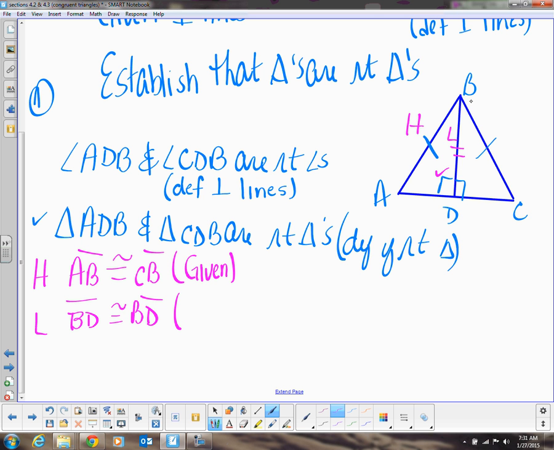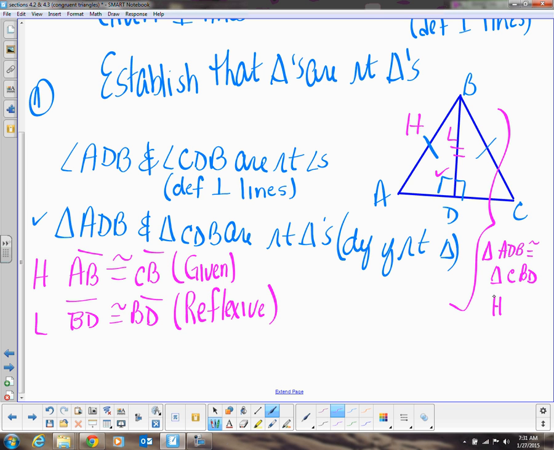I think you've written this before. Starts with an R. There you go. Reflexive. And then all of this stuff together brings us to triangle ADB being congruent to triangle CBD by hypotenuse leg.